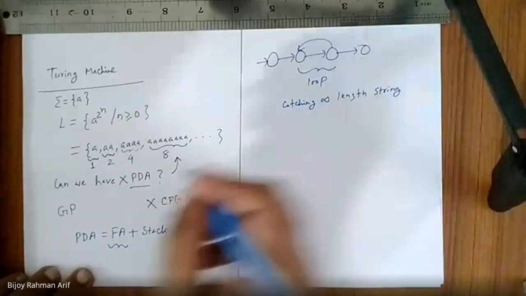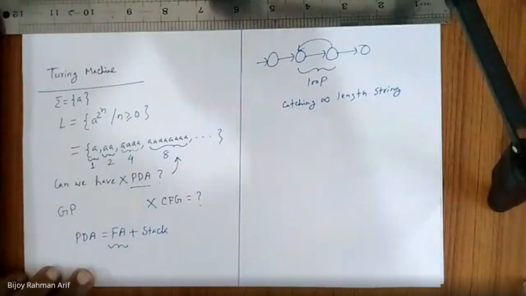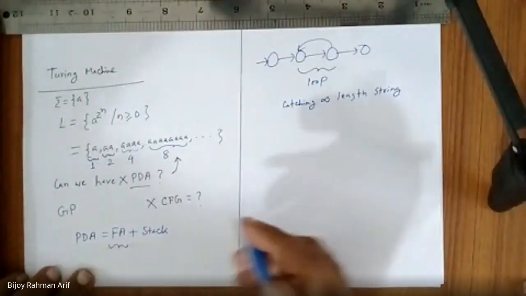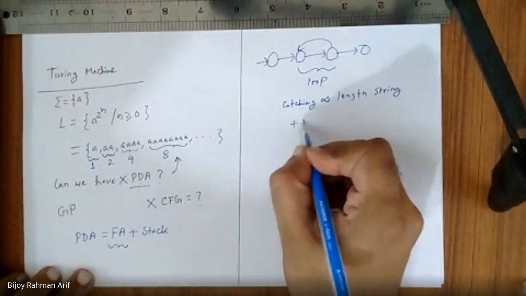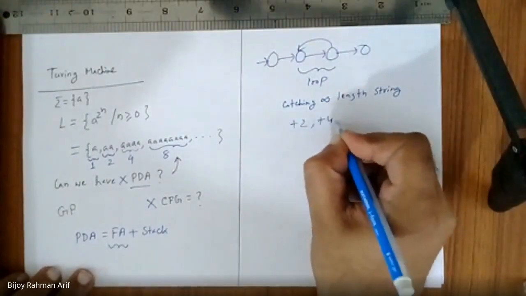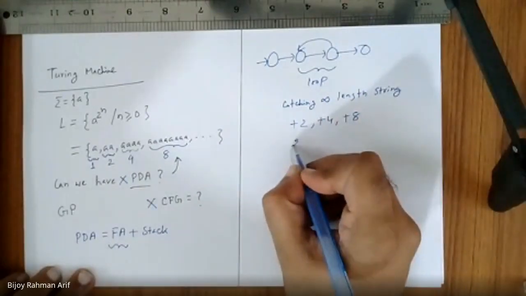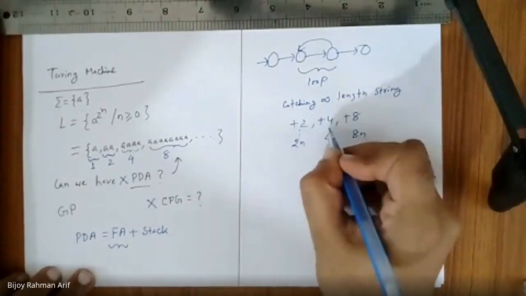Here the problem is, a loop is linear by nature. It might generate +2, it might generate +4, it might generate +8. After that, it is generating twice n, or 4n, or 8n. So this way it will continue.